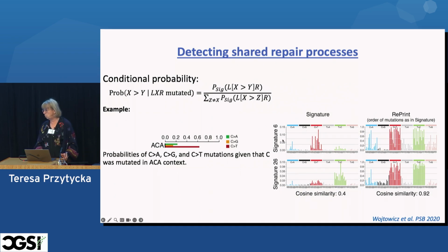Here are two signatures, 6 and 26, associated with mismatch repair, and their cosine similarity is low; they're not similar. Yet if we compute the reprint, the cosine similarity is 0.92. So it's really capturing things that the signature itself cannot capture.